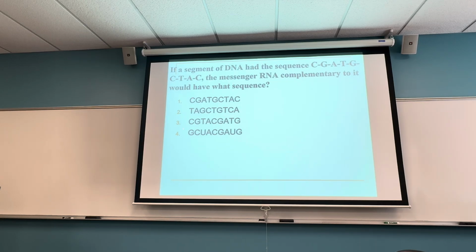Okay, number 4 is the only one that has a G, so I'm going to check out the rest of it. C complements G, G complements C, A complements U, T complements A, G complements C, C complements G, T complements A, and C complements G. Oh, sorry, I could have eliminated that one anyway.